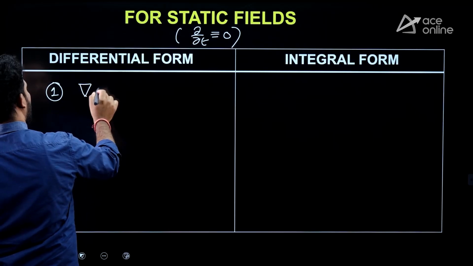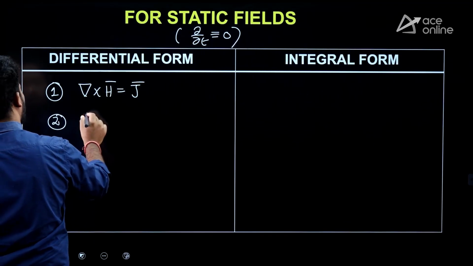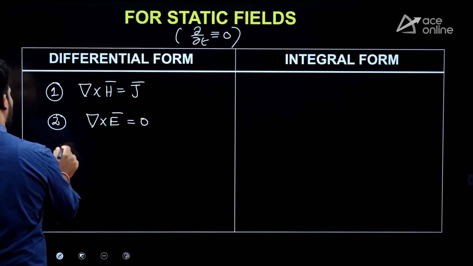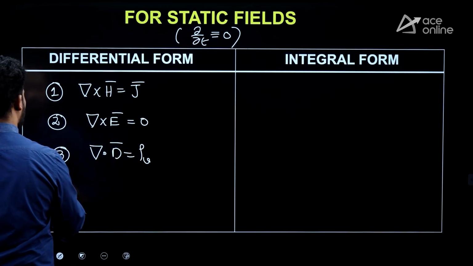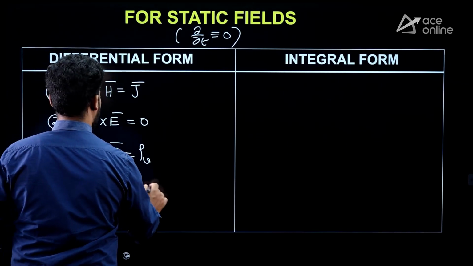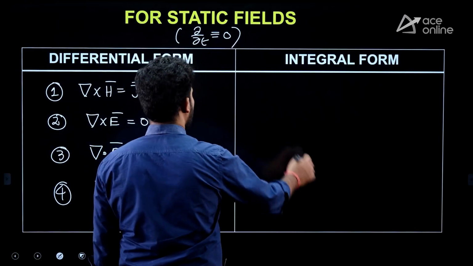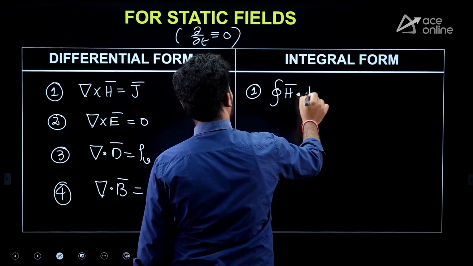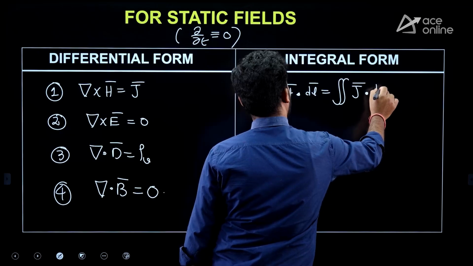So, here del cross H is equal to J. Second one, del cross E is equal to 0. Third one, divergence of D is equal to rho v. Fourth one, divergence of B is equal to 0. Similarly, in integral form, closed line integral of H dot dl is equal to surface integral of J dot dA.